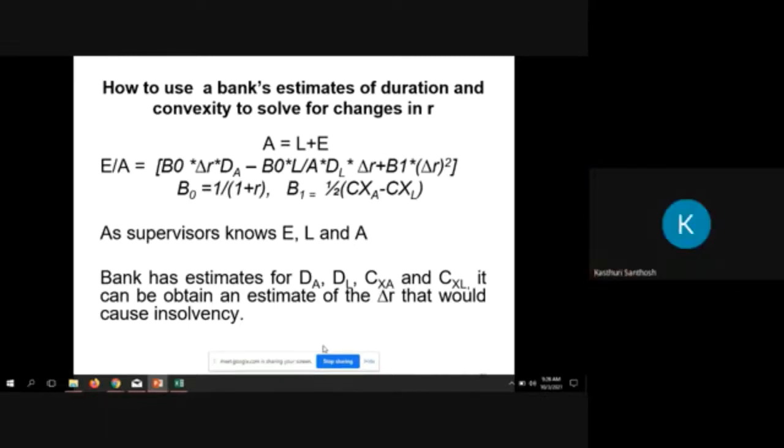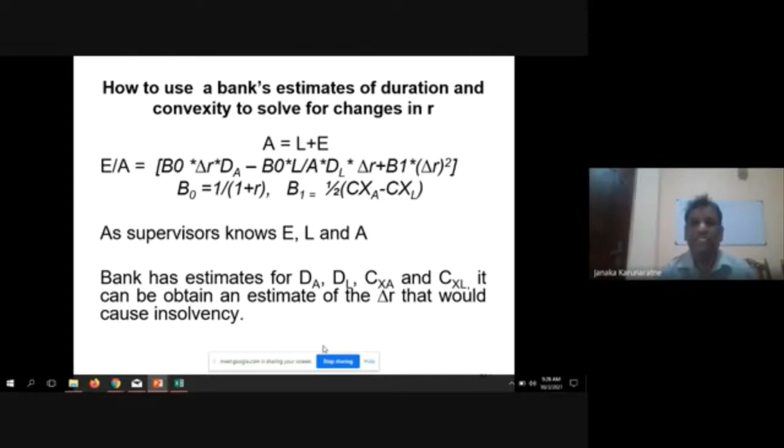If the interest rate goes up, there is an impact on the equity of the bank. Exactly. So the potential threat for this particular bank is the rising interest rate, because your duration gap is positive. You have a 3.2 duration gap. So when your duration gap is positive, the threat is the rising interest rate.